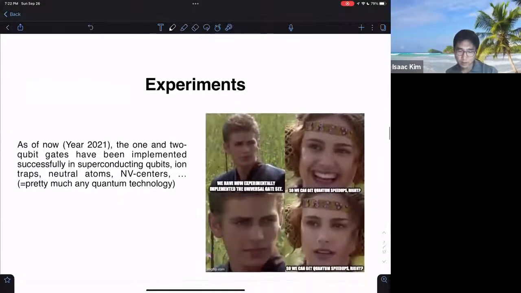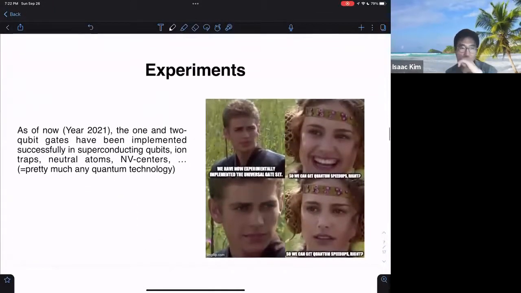So that's all great. And in fact, in experiments, now you can implement 1 and 2 qubit gates in pretty much any quantum technology that is out there. But that's really not the end of the story. The thing that I want to focus on here is what kind of gates are we going to actually use?